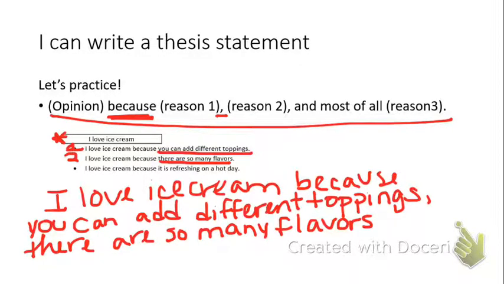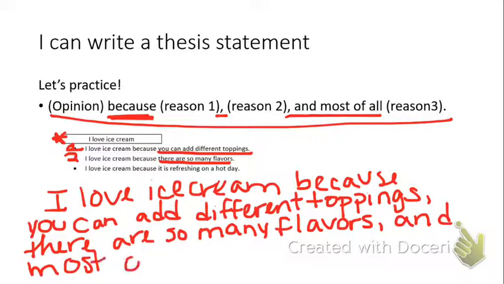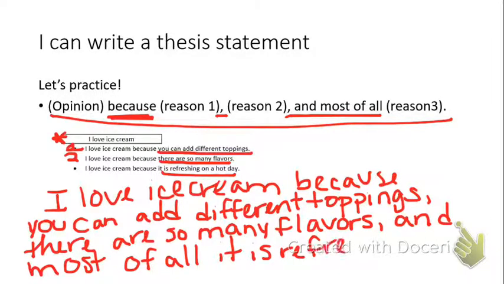Okay, now I need a comma, and most of all, because it is refreshing. Now I could say refreshing on a hot day, or I could just say refreshing. It depends on what you want to do with your writing, but I'm thinking that makes sense.